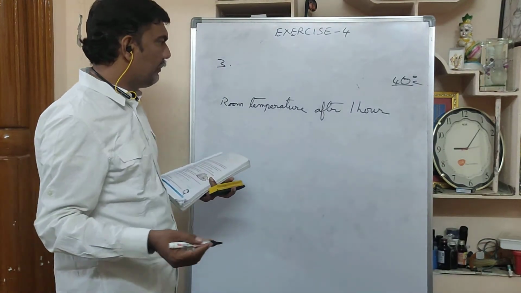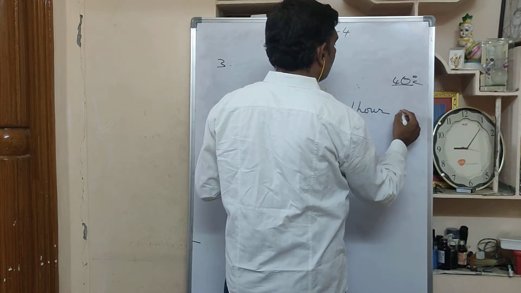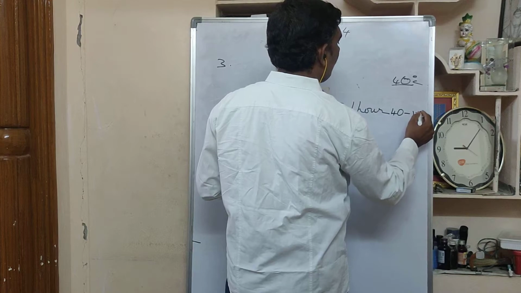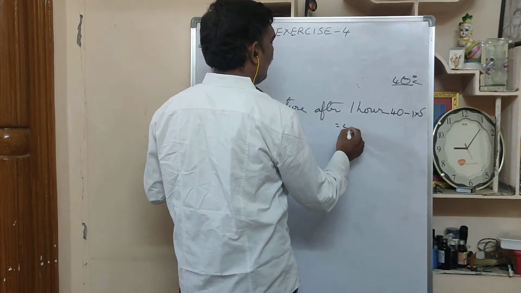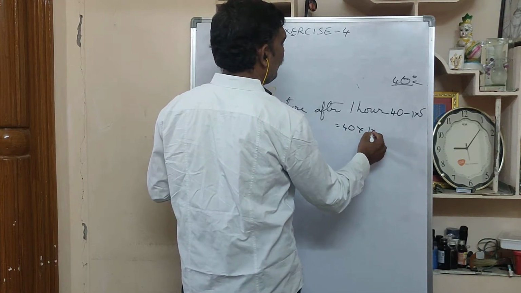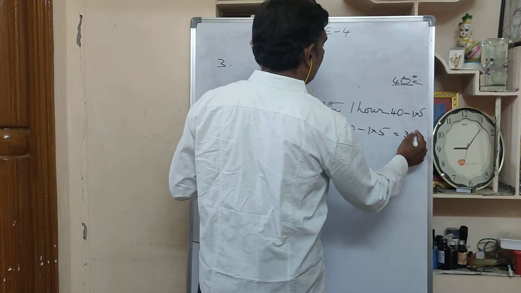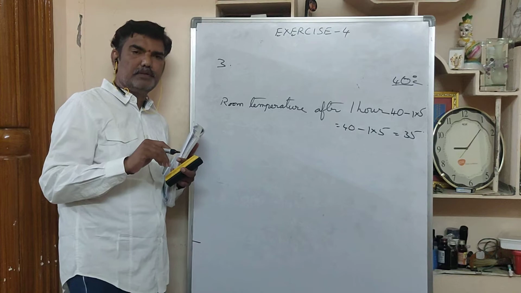After 1 hour, what happens? 5 degrees will be lowered. 40 minus 5 means 40 minus 1 into 5. How much are you getting? 35. After 1 hour, the room temperature will be 35 only.